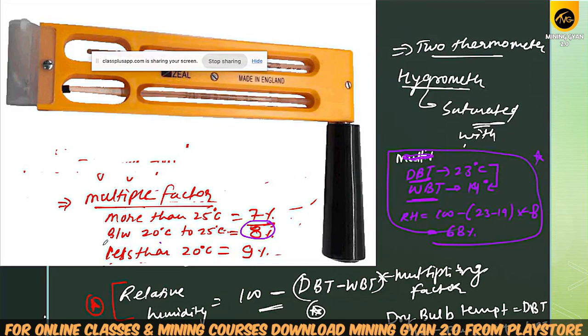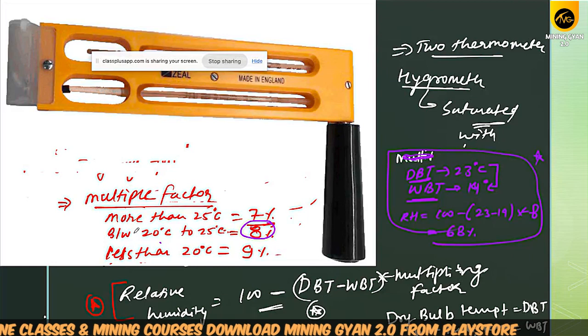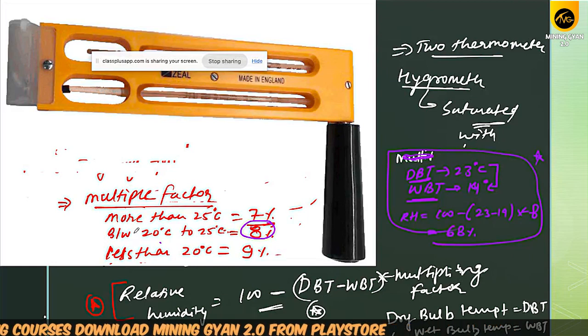Multiplying factor: if the temperature is less than 20 degree, you have to take 9%, if the temperature is between 20 degree and 25 degree, you take 8%, and more than 25 degree, you have to take 7%. And we will see questions based on this formula, so don't worry.